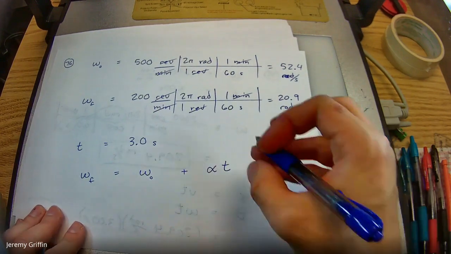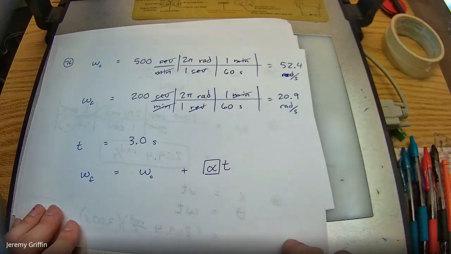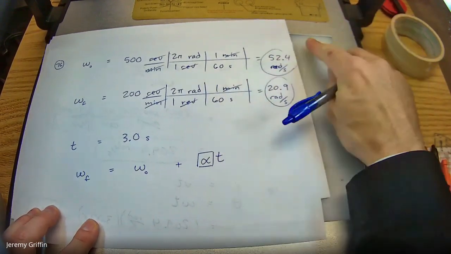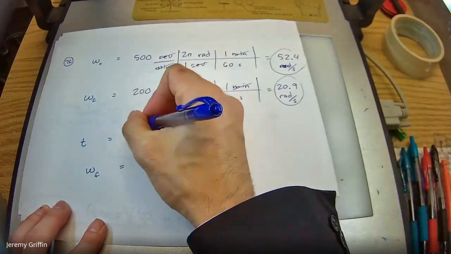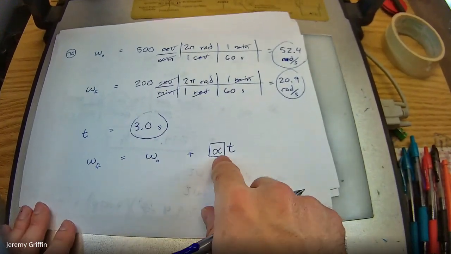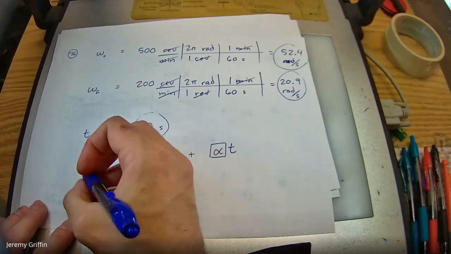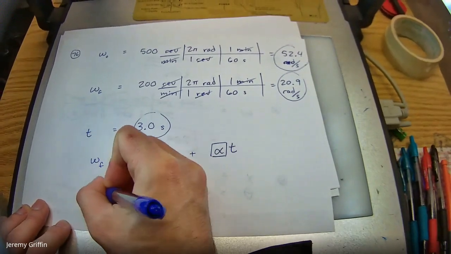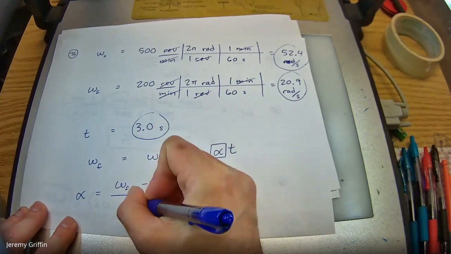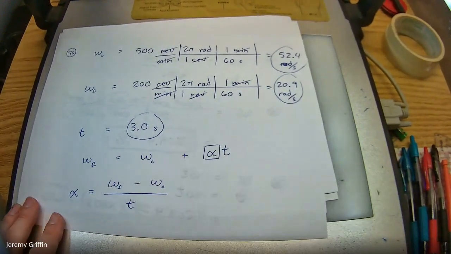Of course, you could plug in this number and this number right now and just solve it that way. If you like it this way though, you could say the rate that it's slowing down is final minus initial angular velocity all divided by the time interval, in terms of variables.